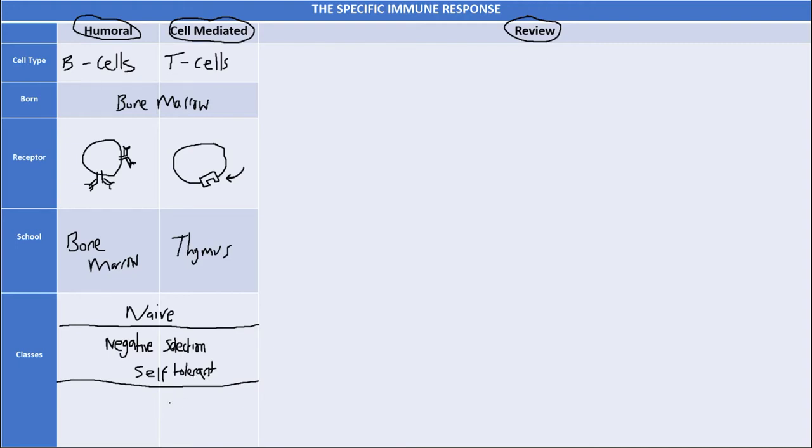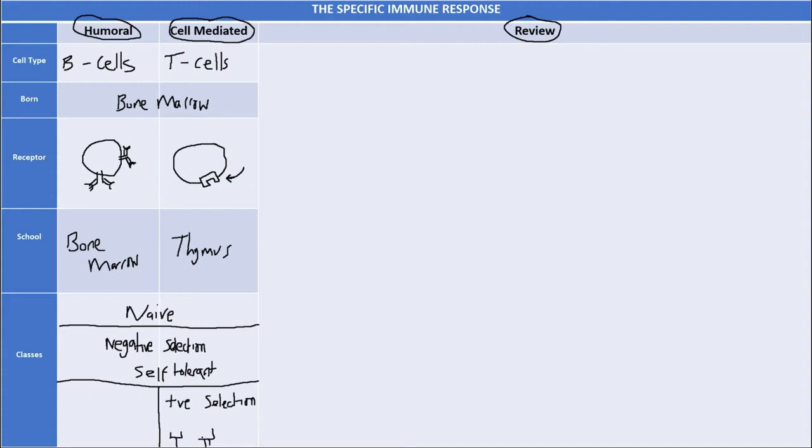Now, T cells also go through another class. They go through positive selection. I'm going to do that because it's just easier. Positive selection. And T cells have to bind to our good old Twitter, Facebook, social media of the cell, MHC. That could be MHC1 or it can be MHC2.